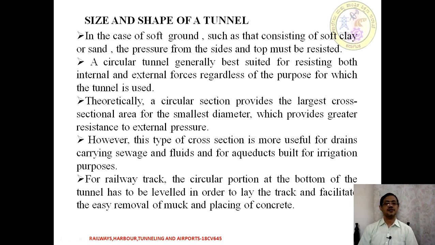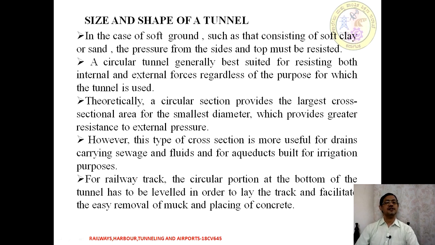Theoretically, circular sections provide the largest cross-sectional area for the smallest diameter, and provide greater resistance to external pressure. However, the cross section is also useful for drainage, carrying sewage or fluid, or an aqueduct built for irrigation purposes.